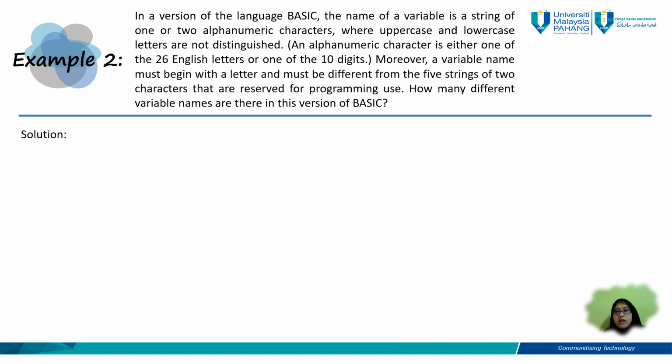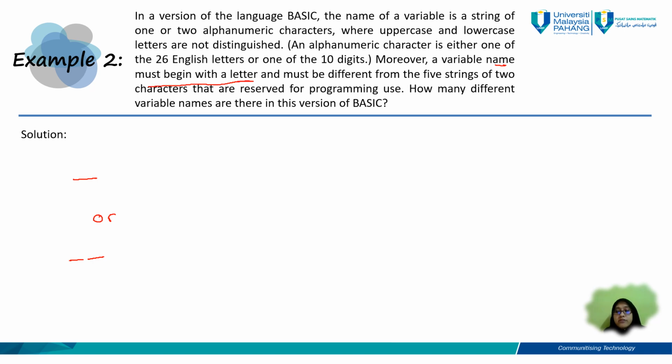Here we are going to create a name of a variable, a string with 1 or 2 characters. Also given to us is a condition: a variable name must begin with a letter.